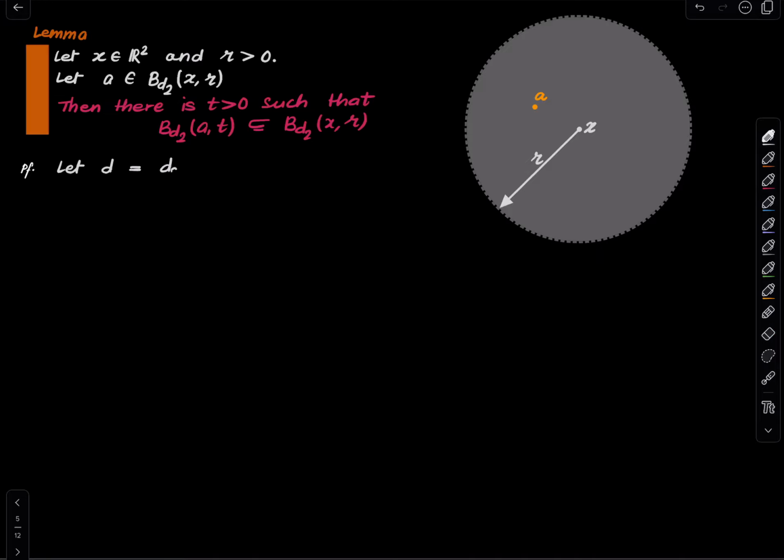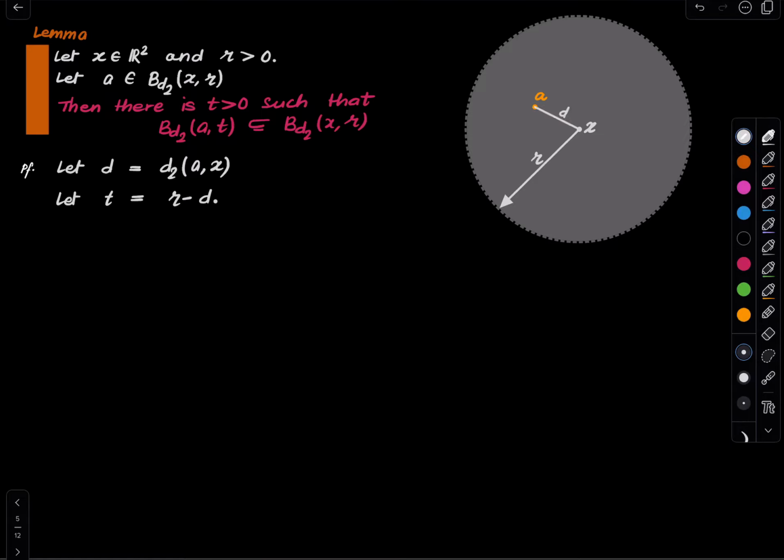Let D be the distance between A and X, and let T be equal to R minus D. In the picture, this much is D, and that much is R minus D. Okay, and we claim that the ball of radius T, with T defined as R minus D, is indeed contained in the original ball.